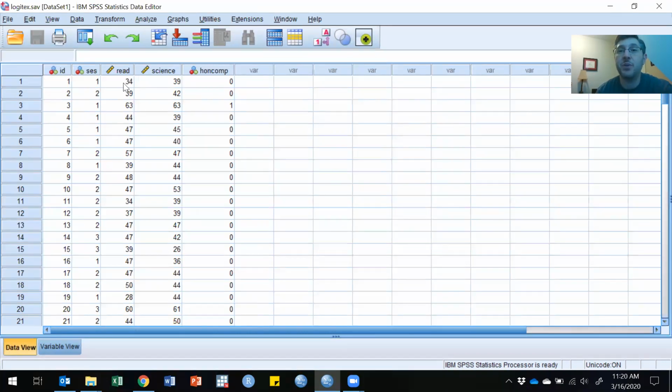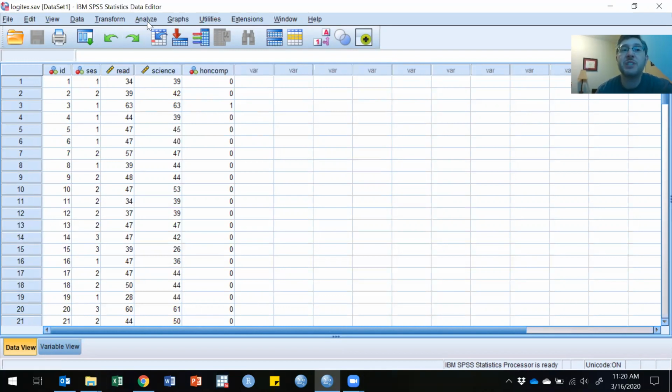They have a 34 for their reading score, 39 for their science score, and they're not in the honors composition class. You can see person 3 has a low SES. They have a 63 for their reading score, 63 for their science score, and they are in the honors composition course.